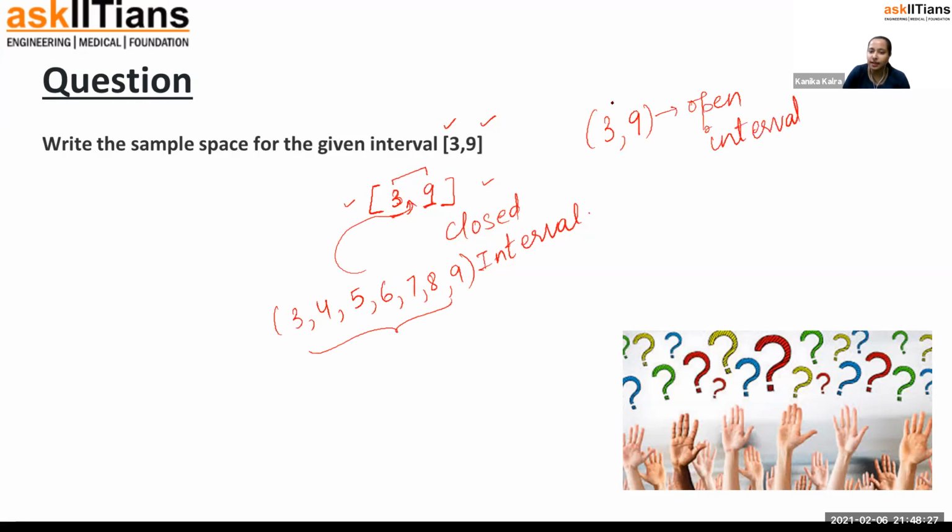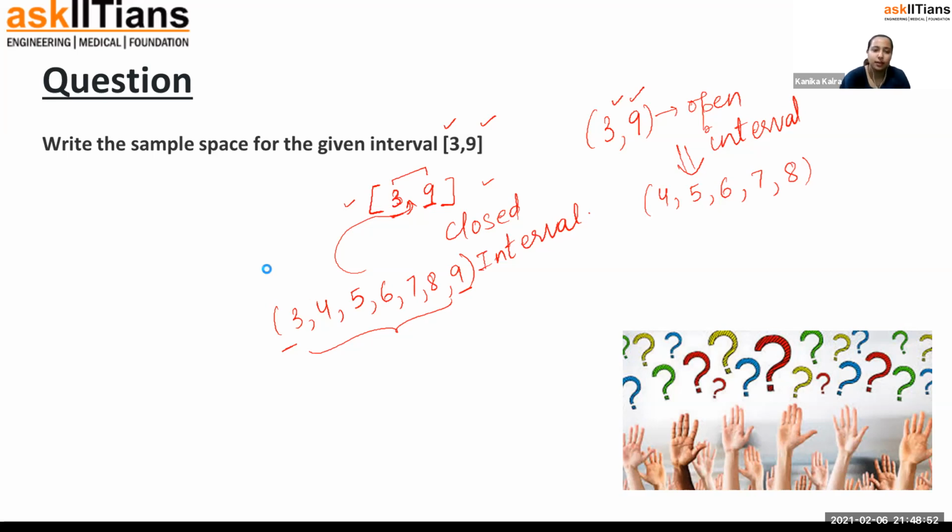So in this, 3 and 9 are not included in the solution set. So you have the numbers 4, 5, 6, 7 and 8 in case of an open interval. And in case of a closed interval, 3 and 9 would be included. I hope the concept is clear and you can do such types of questions in the exam.